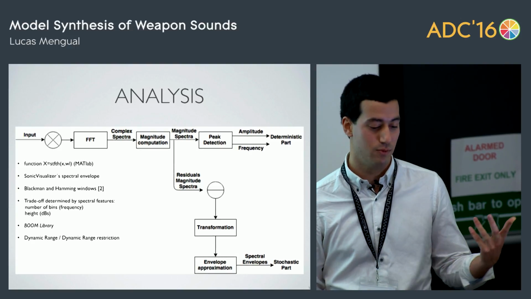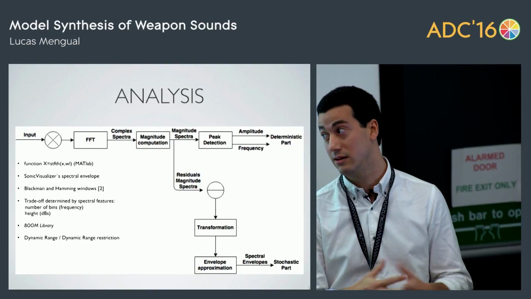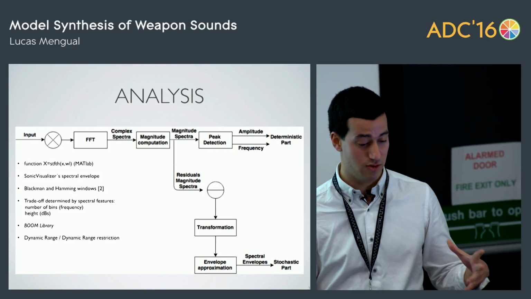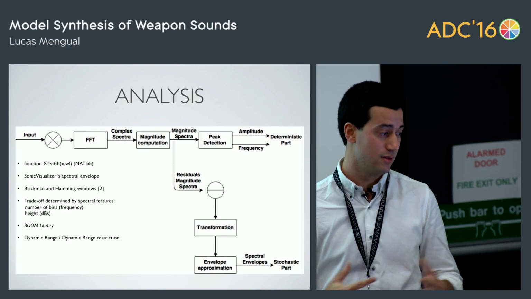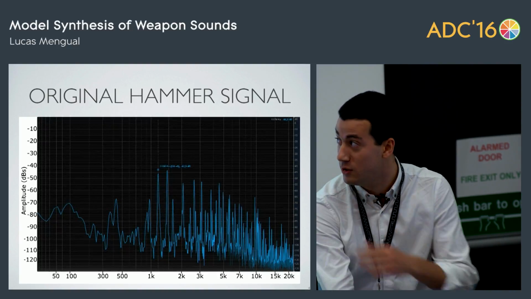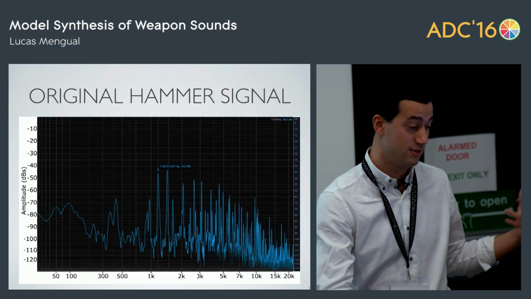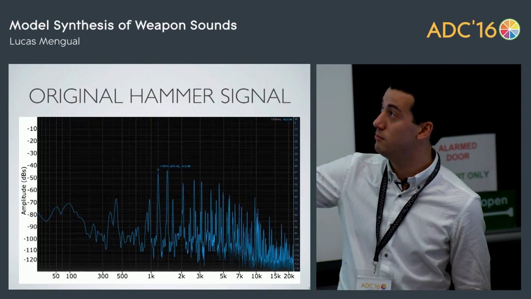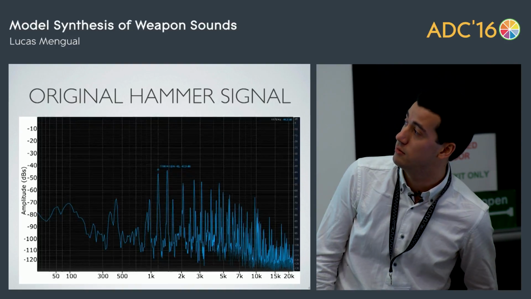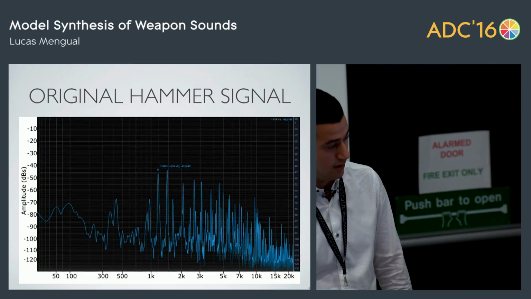So we have this restriction, and sometimes it's hard, especially when analyzing. You're going to see the spectrogram, and it gets complicated. But here we have an original spectrogram of the hammer. You can see the modes and everything, very clean, and the background noise in the back.